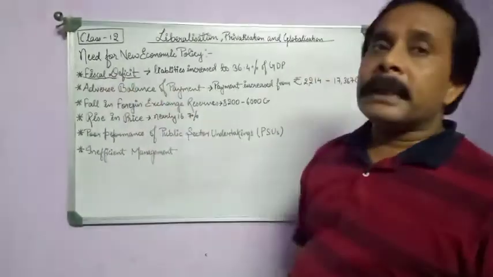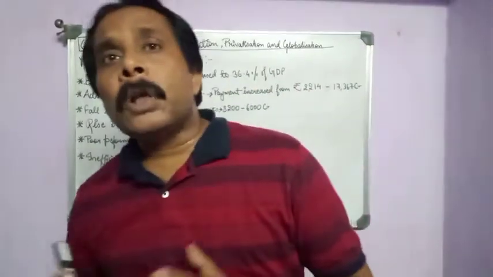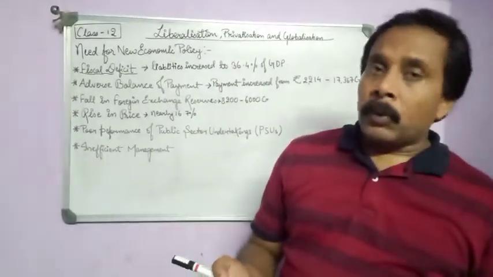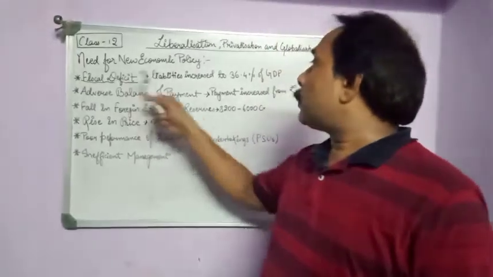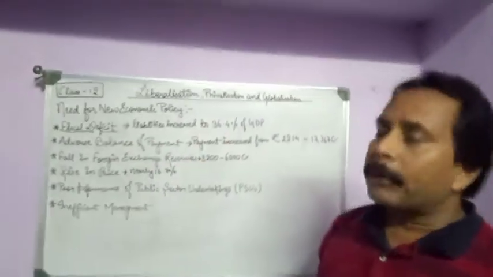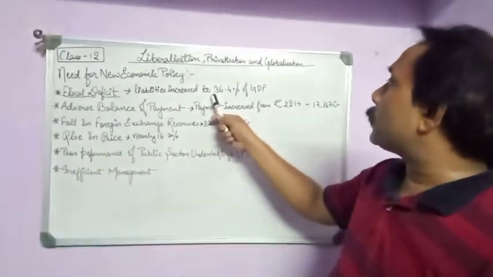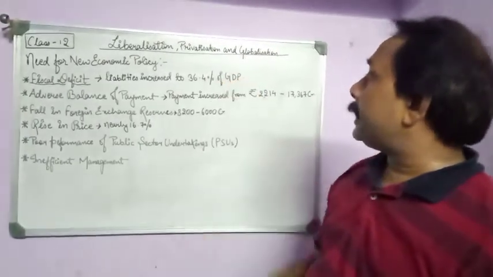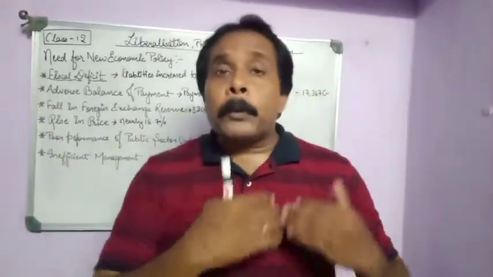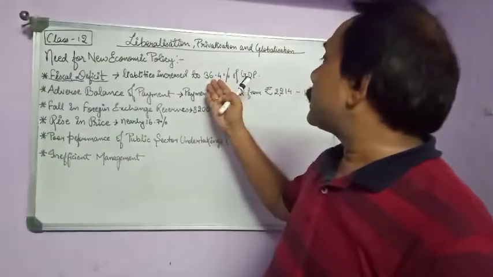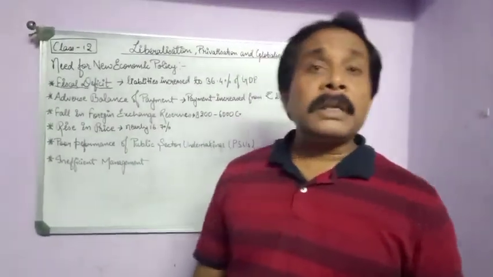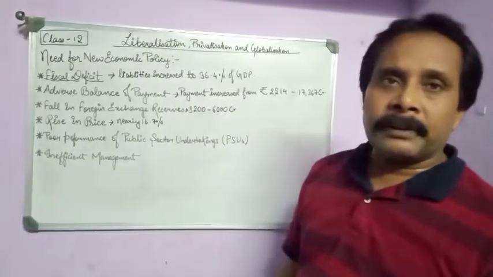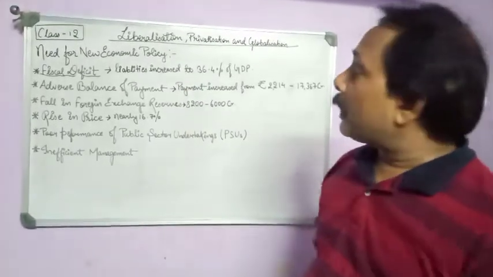That fiscal deficit can be covered by taking loans either from the RBI or from the rest of the world. Fiscal deficit always creates liabilities of the government, which had increased up to 36.4% of GDP. So think yourself, if the GDP is 100 crores, it means we have to make a payment of 36.4. In this way, it was a great burden for the country, and it also indicates the inefficiency of the government.